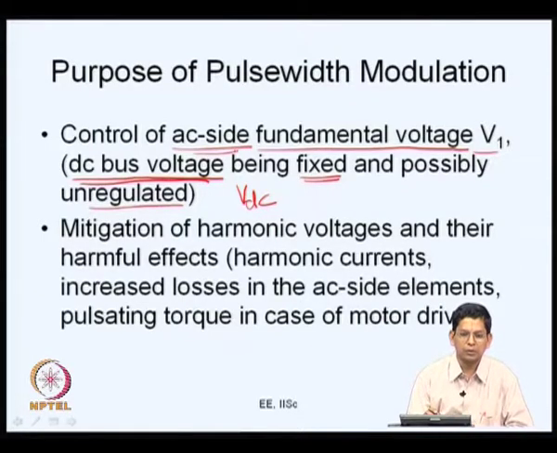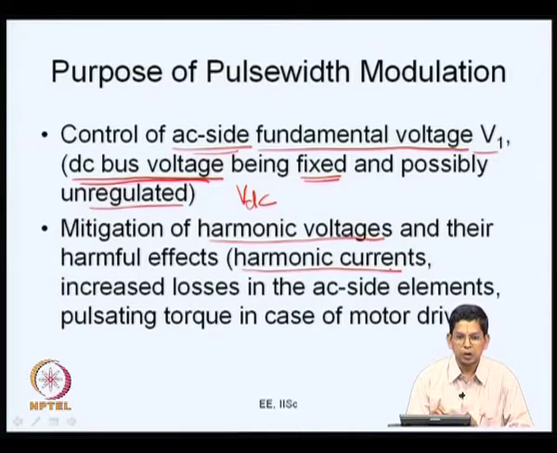It has certain harmonics. When you say non-sinusoidal, it has certain harmonic voltages. These harmonic voltages are going to have certain undesirable effects. These harmonic voltages will cause harmonic currents to flow, and these harmonic currents can increase the losses.